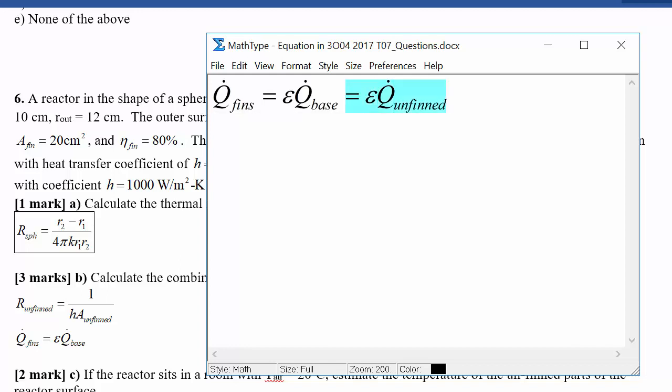And why might that be useful? Because now we can see how this is going to let us express the new resistance in terms of the old resistance. So the heat transfer is equal to the temperature difference divided by the total resistance. So that would be delta T over R, right?